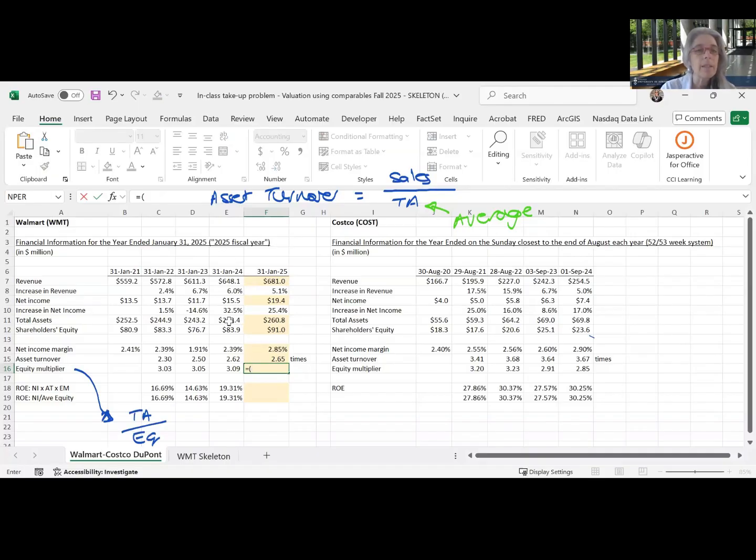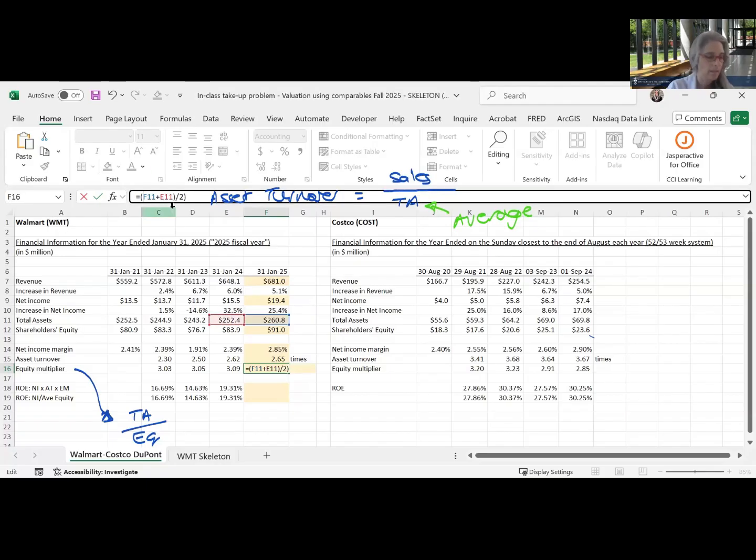So total assets is this year plus last year divided by 2, and all of that we've got to divide by my average equity. So we'll need 2 brackets for that. Equity plus last year divided by 2. Those brackets.